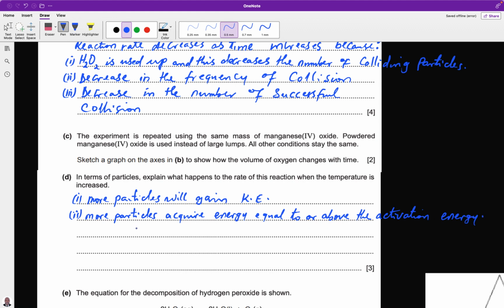There are more frequent successful collisions.